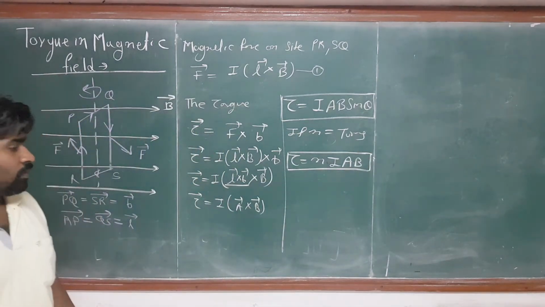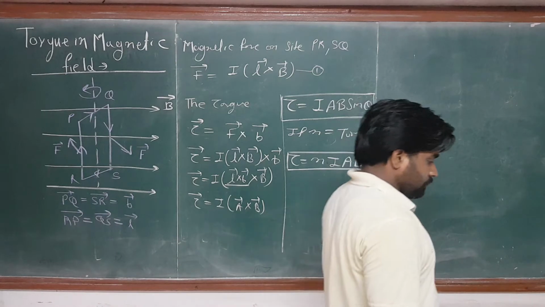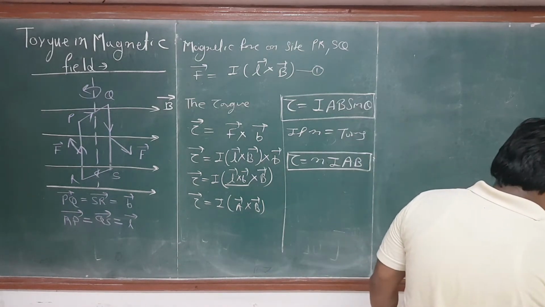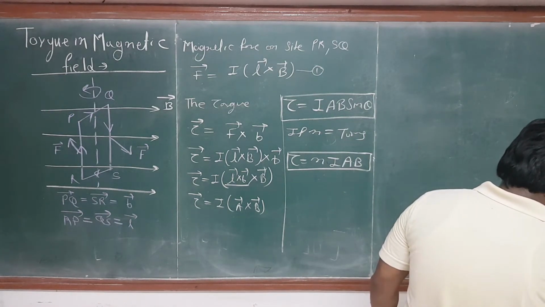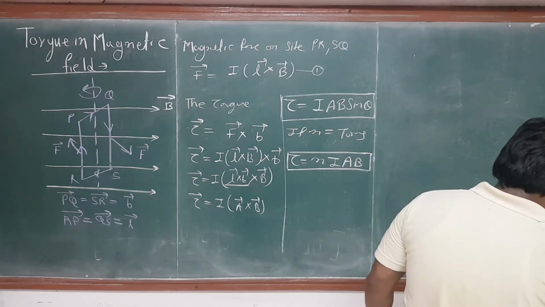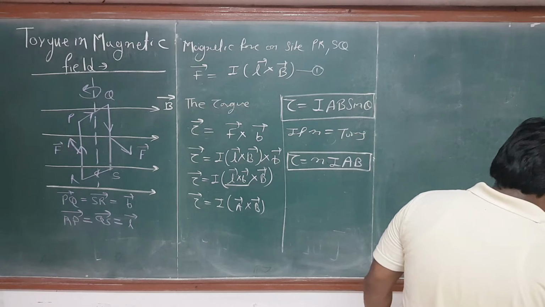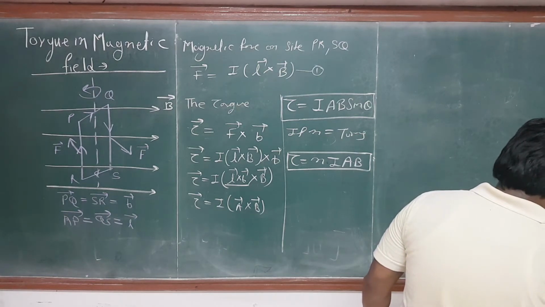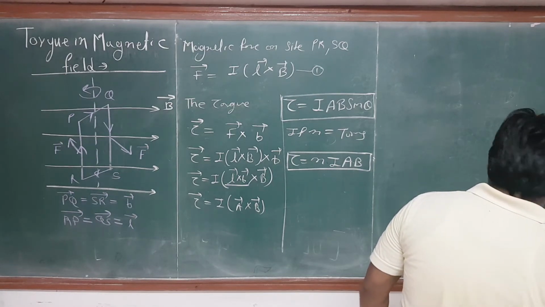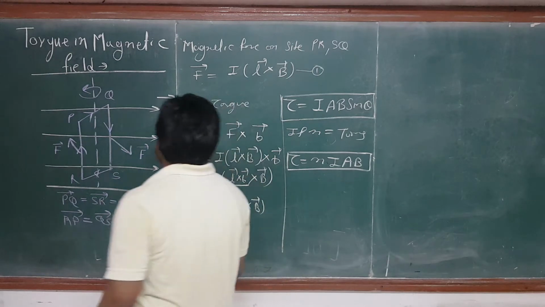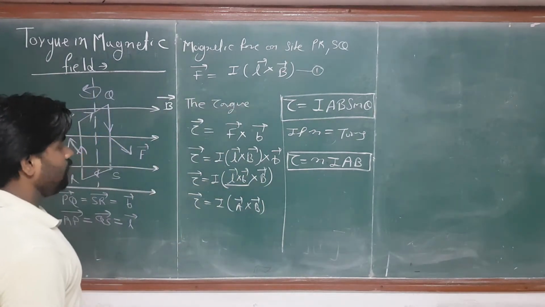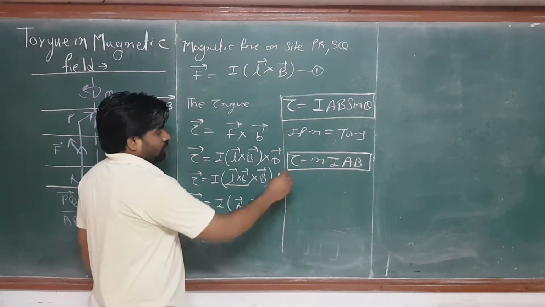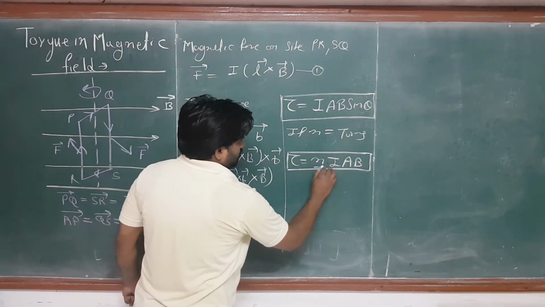Okay, please note it down. So tau is equal to NIAB, and here you can see this is NIA.